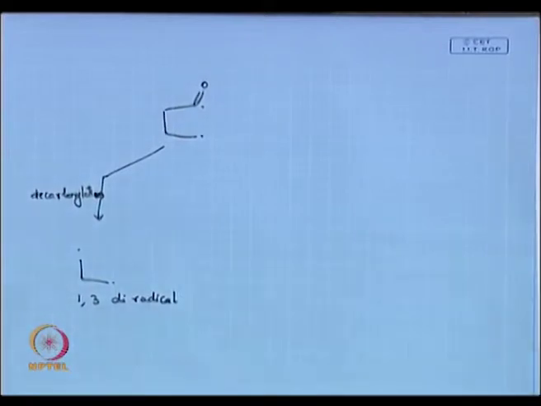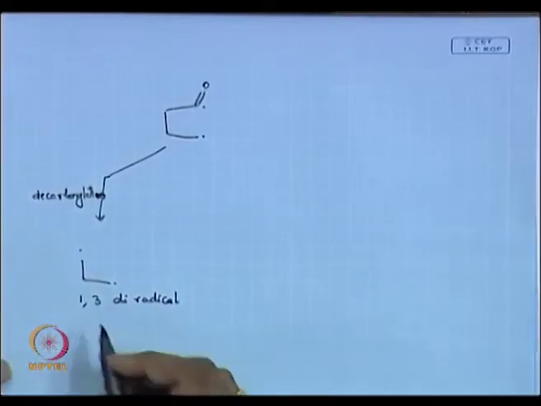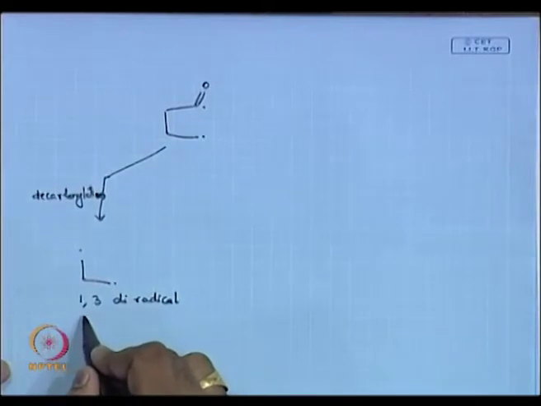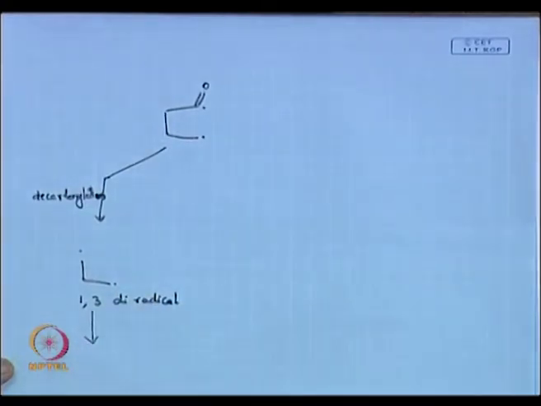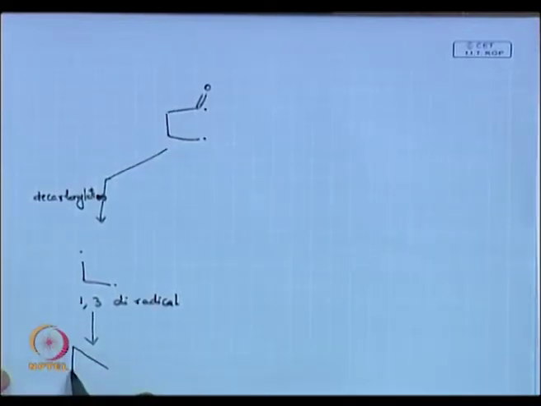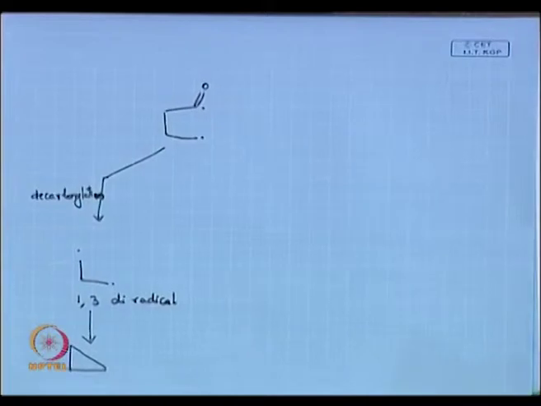So, what does this 1,3 diradical do? What products can I expect from a 1,3 diradical? Same way, you can have cyclization to give me a cyclopropane type of system. Right.